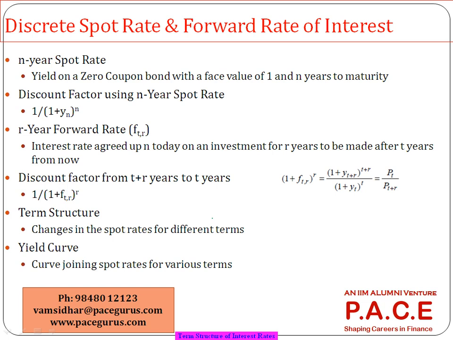On the same lines, whenever we talk about the spot rate, the other way of talking about it is, if I deposit my money for a 2-year period, what is the annual interest rate that I am going to get? Deposit for 3 years, what is the annual interest rate? Deposit for 5 years, what is the annual interest rate?